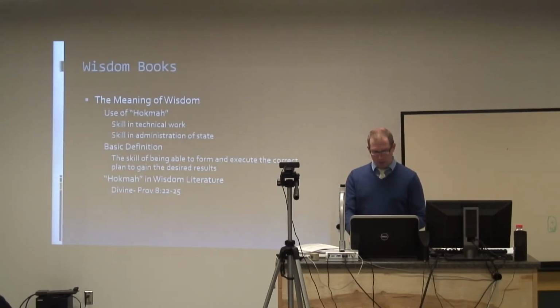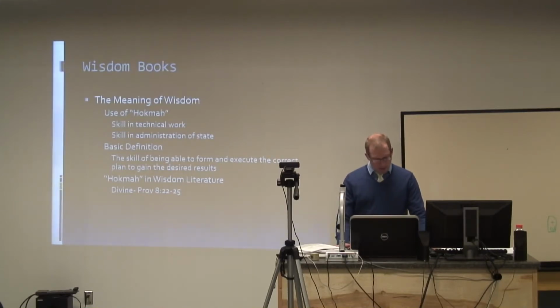Proverbs chapter 8, verses 22 to 25 demonstrate that not only does wisdom come from God, but it is a characteristic of God. It says, "The Lord possessed me at the beginning of his way, before his works of old.